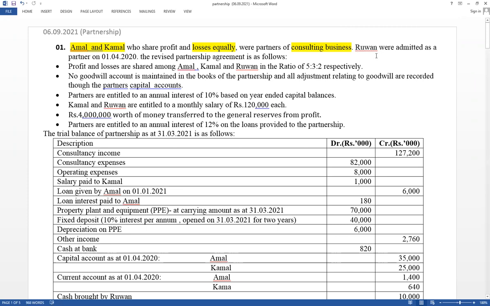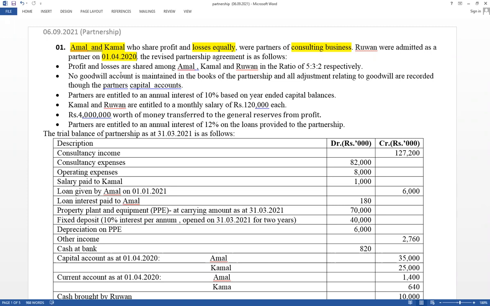Then it is given Rohan was admitted as a partner on 1st April 2020, the beginning of the year. The revised partnership agreement is as follows. It has given new agreements. The admission is at the beginning of the year. Therefore, the new partner is also available during the economic period. When we are going to prepare appropriation accounts, you have to apply the new agreements.